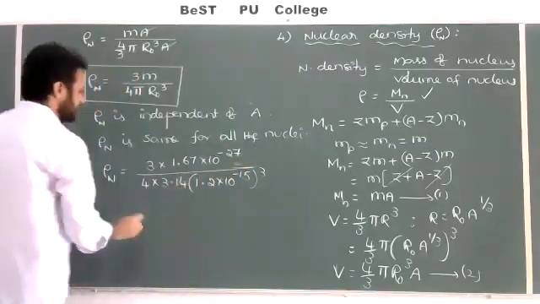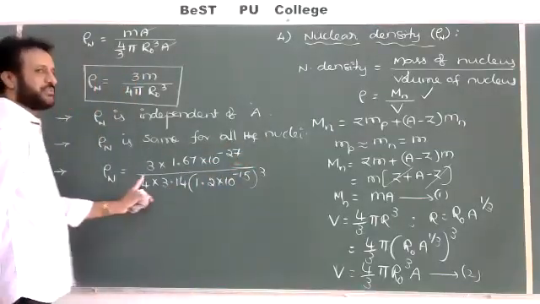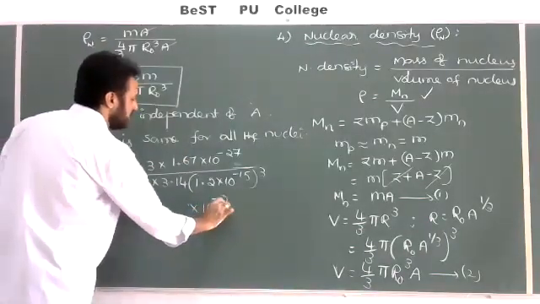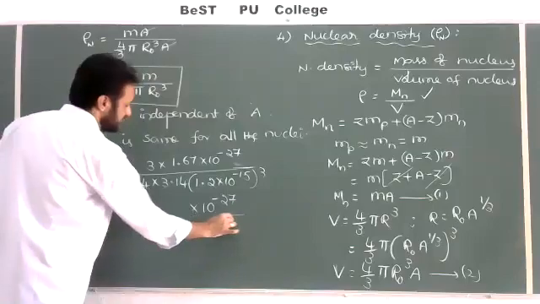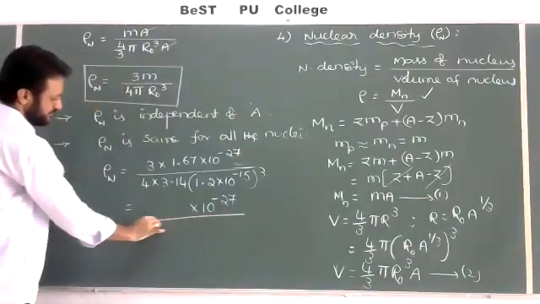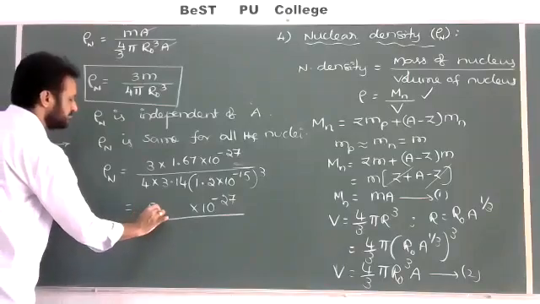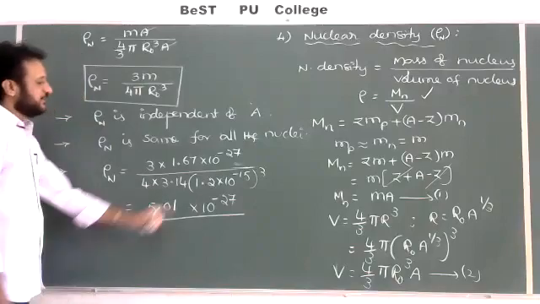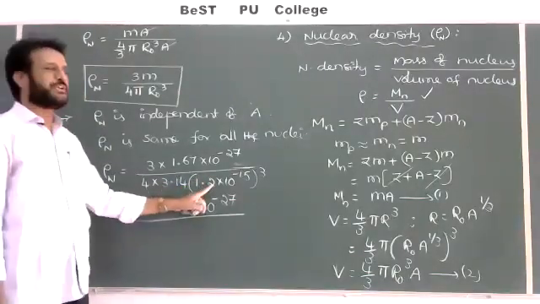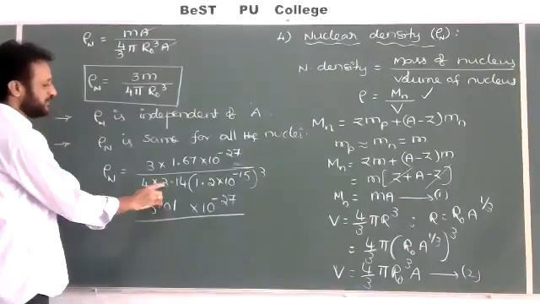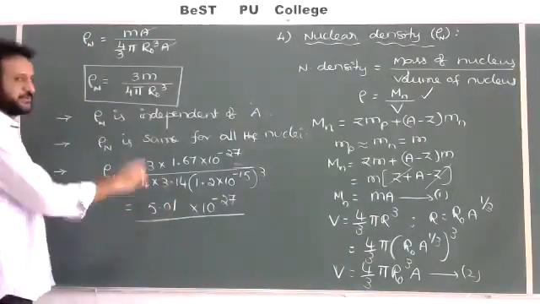I'll write the numerator value the same, or multiply this one: 3 into 1.67 gives 5.01. Divided by, first multiply this one: 1.2 into 1.2 into 1.2, 3 times, into 3.14 into 4.